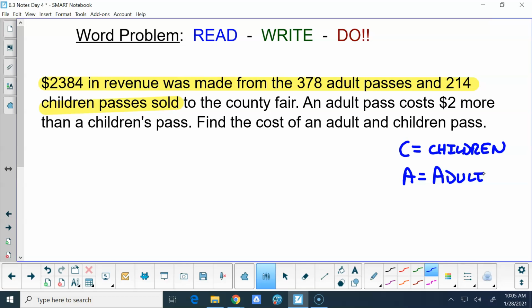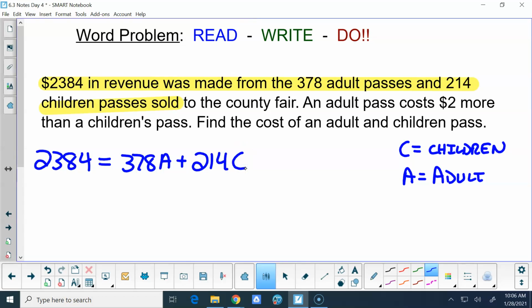$2,384, how much they made. There were 378 adult passes and 214 children's passes.